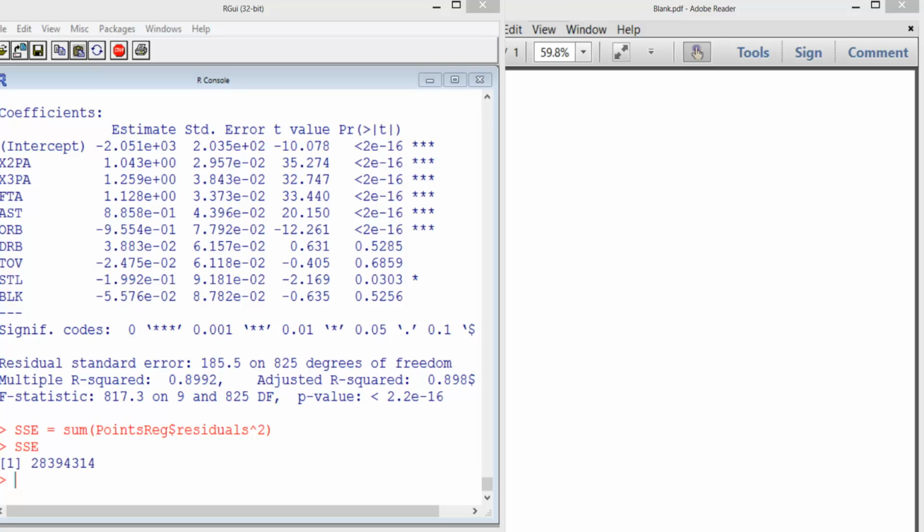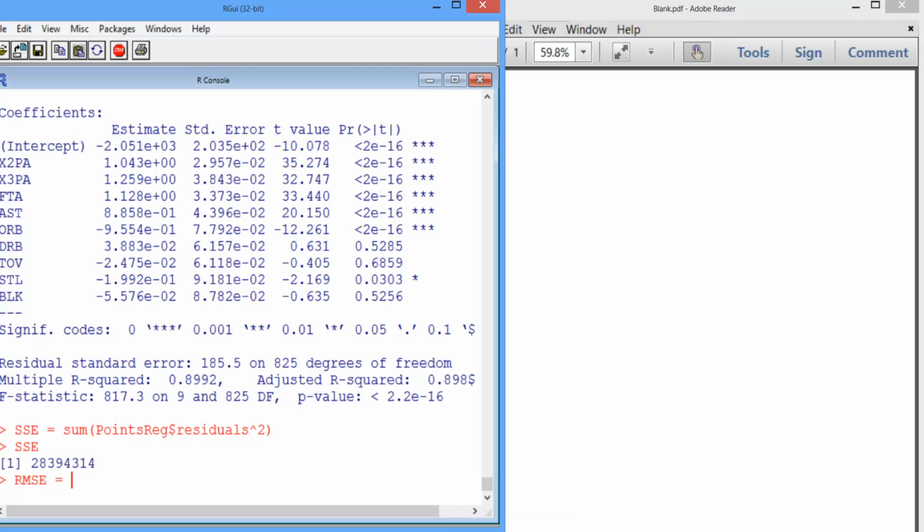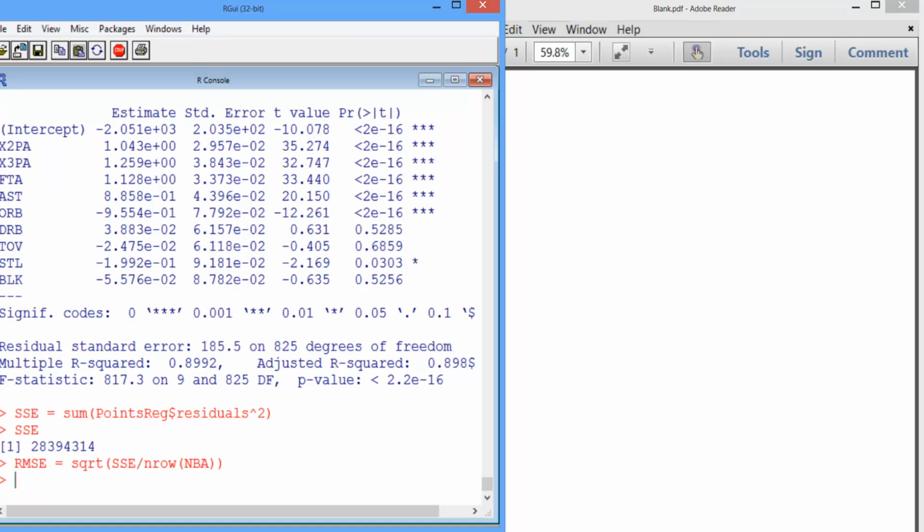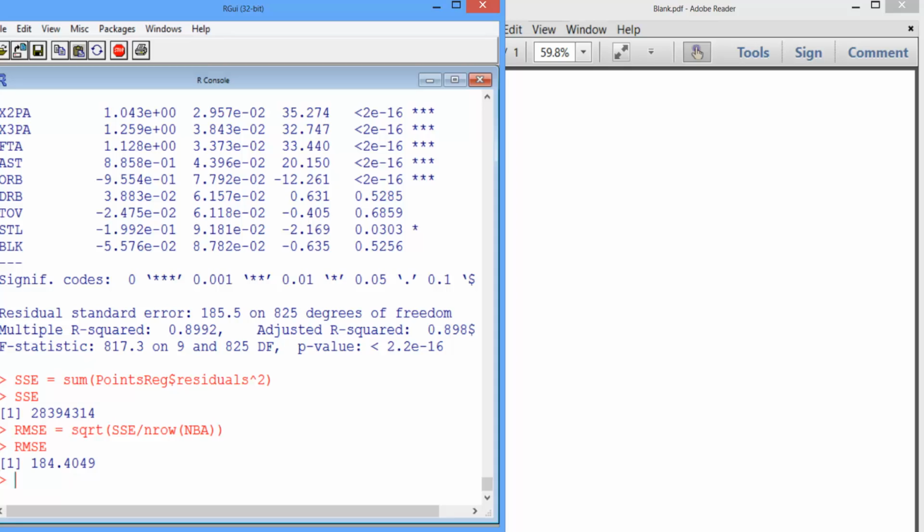But remember, we can also calculate the root mean squared error, which is much more interpretable. It's more like the average error we make in our predictions. So the root mean squared error, RMSE, let's calculate it here. It's just the square root of the sum of squared errors divided by n, where n here is the number of rows in the data set. All right, so we've calculated it, and it is 184.4.